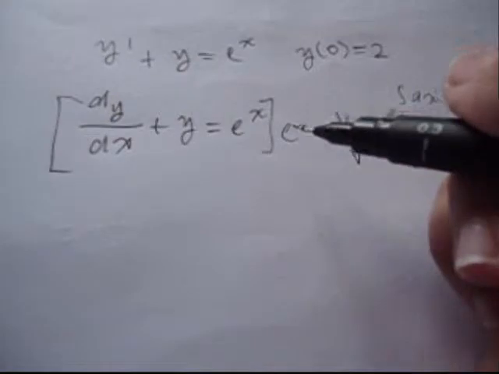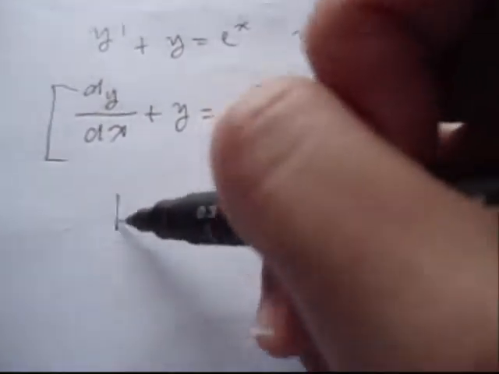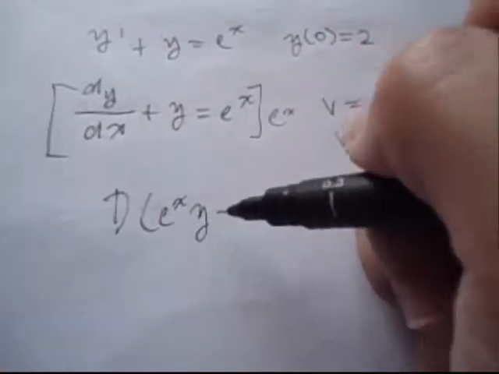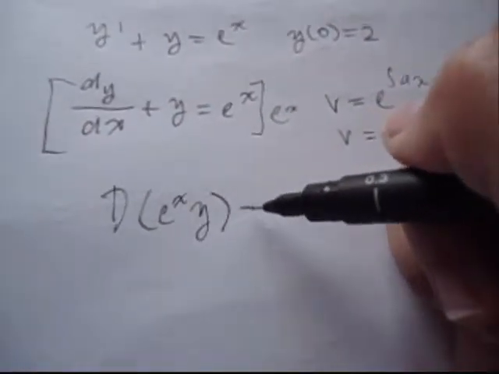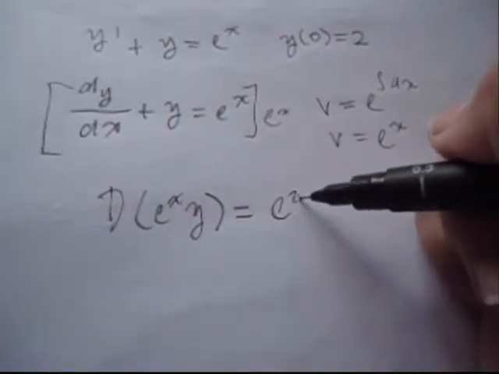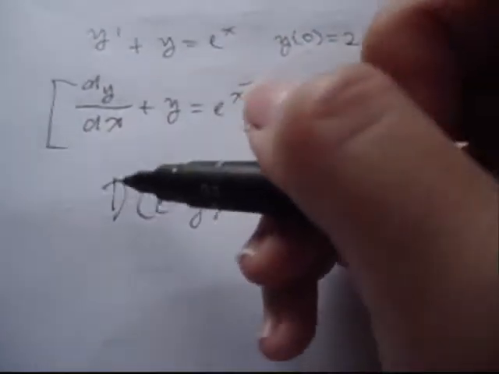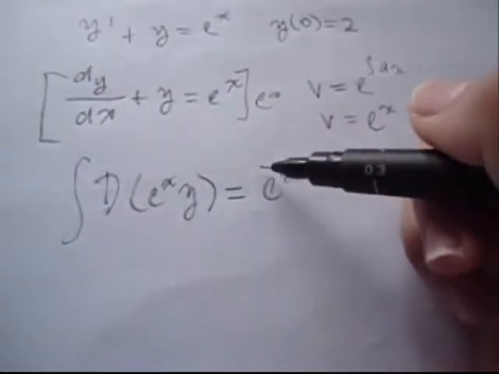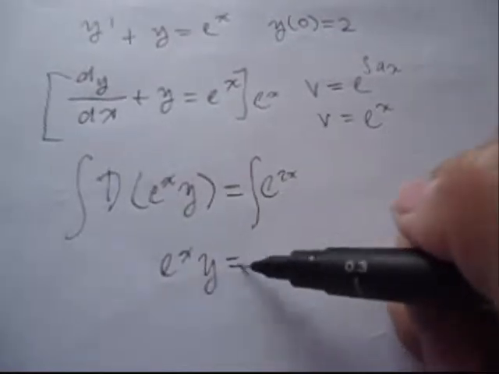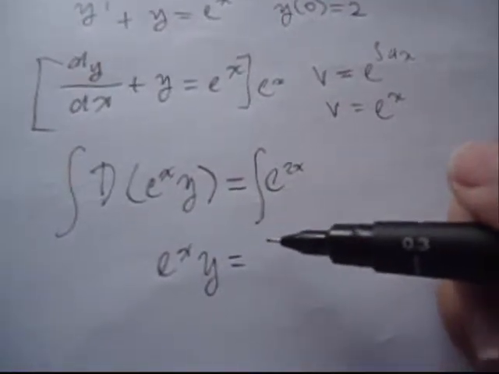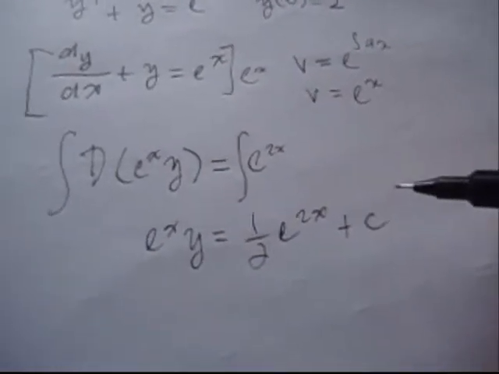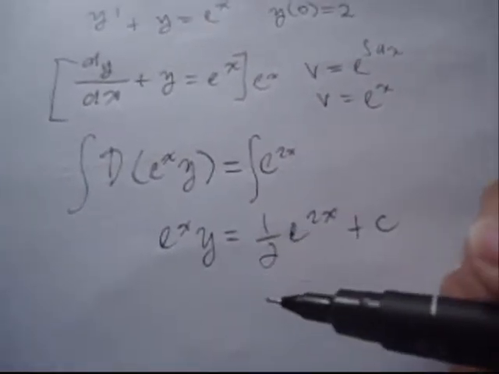So then after we multiply this, we will get e to the x y prime plus e to the x y equals e to the 2x. Then we can now integrate both sides. So we have e to the x y equals 1/2 e to the 2x plus c, where c is an arbitrary constant.